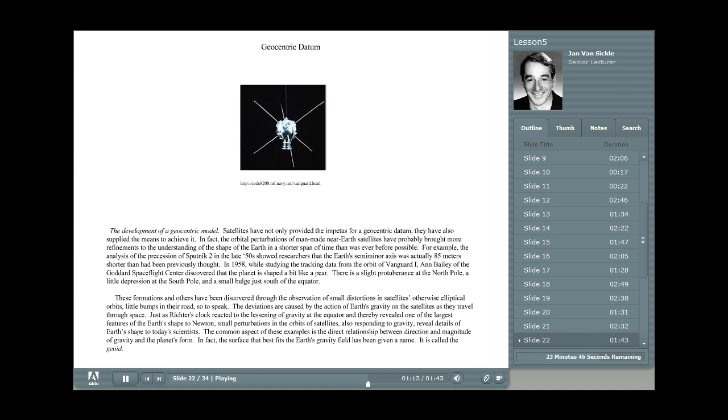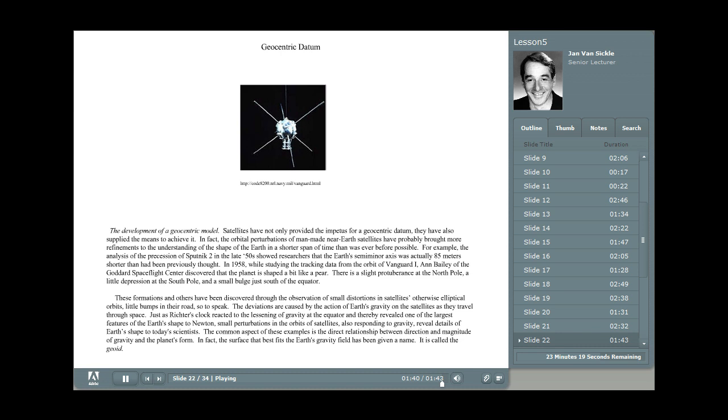They allow us, along with other sensors, to be able to determine the direction and magnitude of the gravity around the planet. And of course, the direction and magnitude of gravity changes from place to place because the Earth is not equally dense in all places. And so therefore, gravity varies.